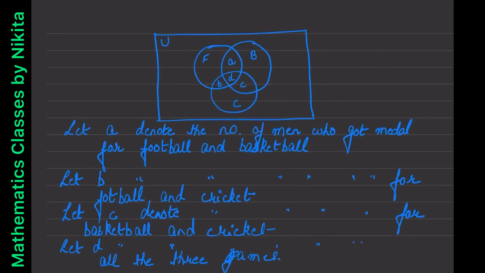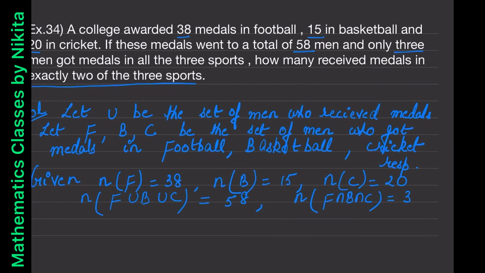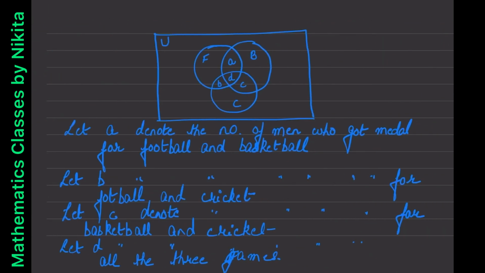Now first of all, what you have to find in the question is how many received medals in exactly two of the three sports. So in exactly two of the three sports, that means in football and basketball but not in cricket, so you have to find small a, plus football and cricket but not basketball, so that means b, and plus c.